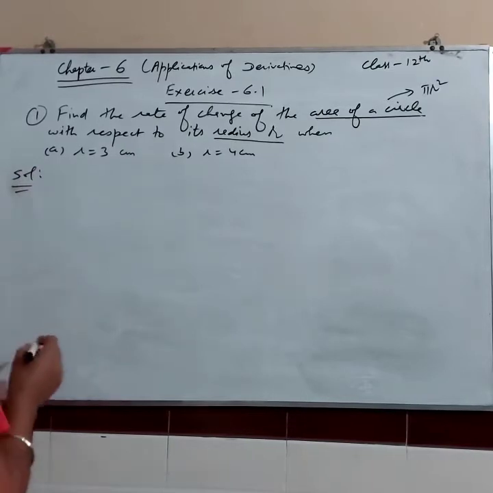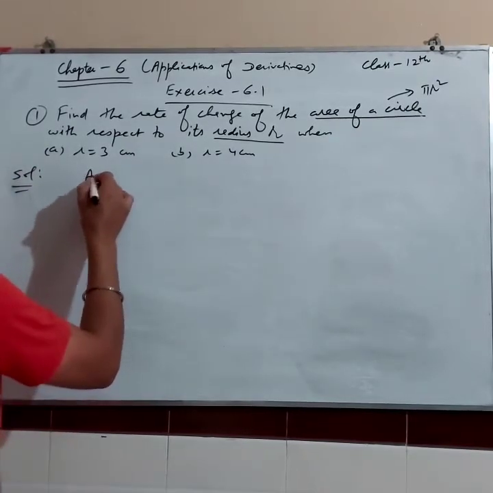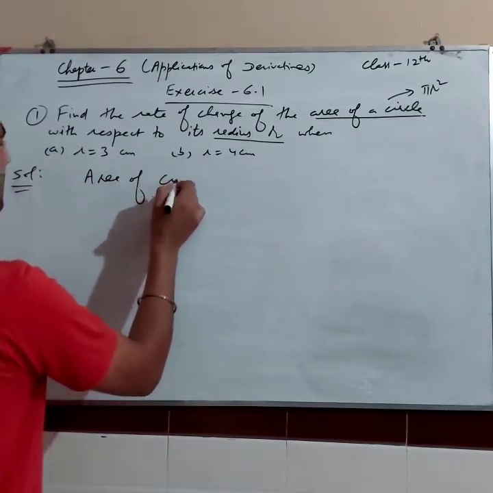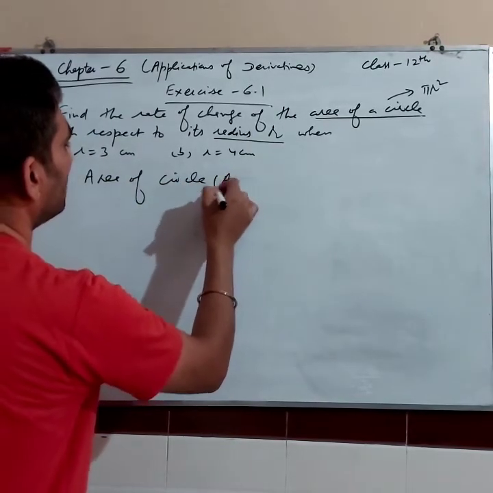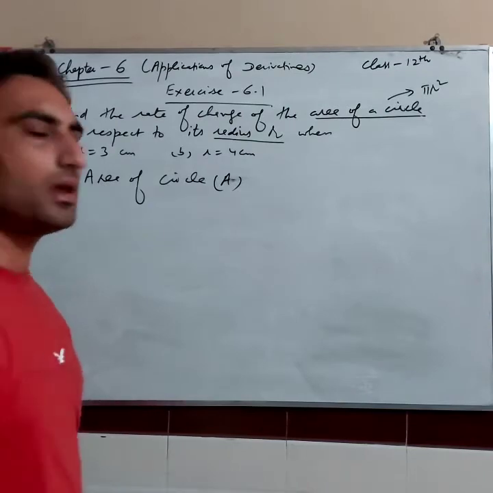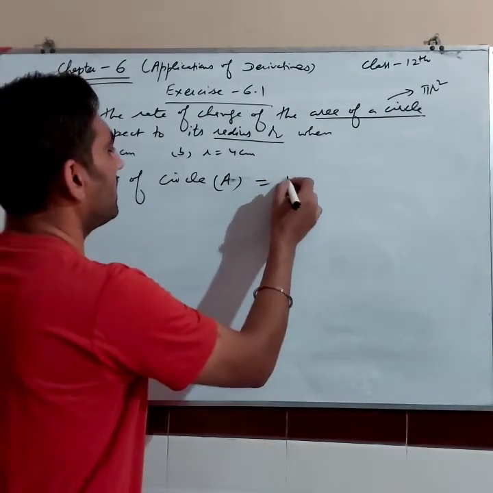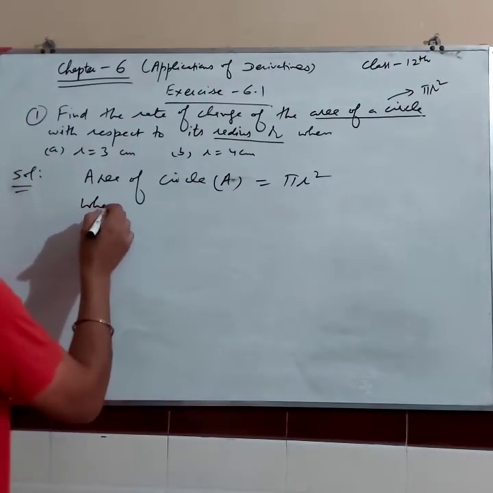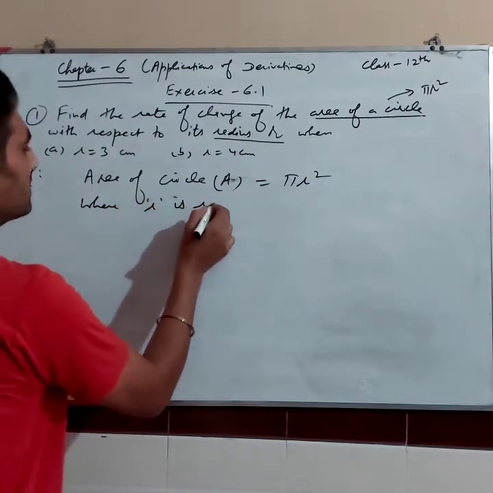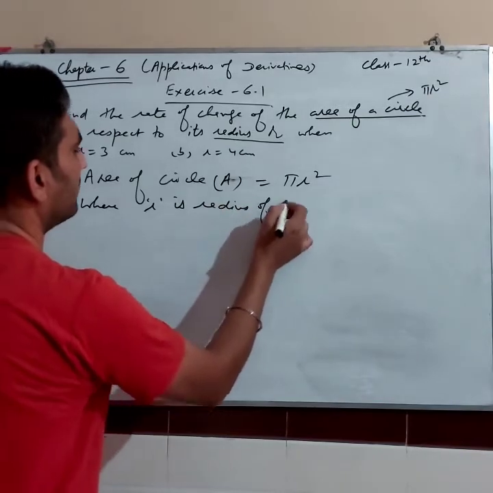So I am going to write first the area of circle. What is area of circle? Suppose in this case it is A. It is pi r square, where r is the radius of circle.